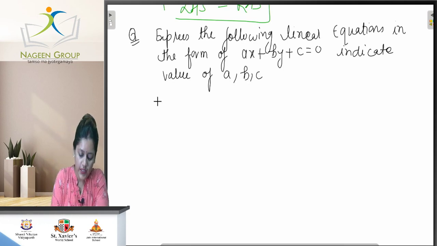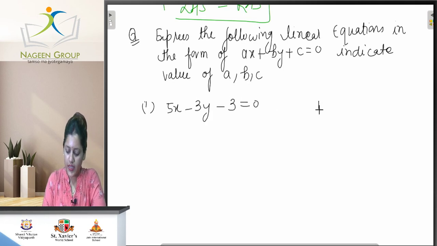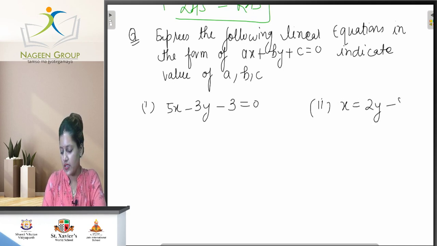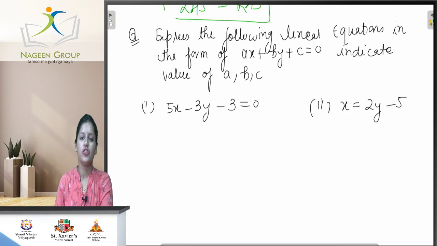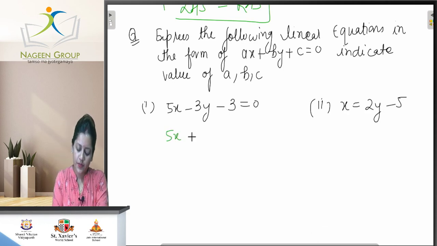Okay, now the question. The first equation is 5x minus 3y minus 3 equals 0, and the second equation is x equals 2y minus 5. First you have to change this equation into the general form, that is 5x plus (minus 3)y plus (minus 3).